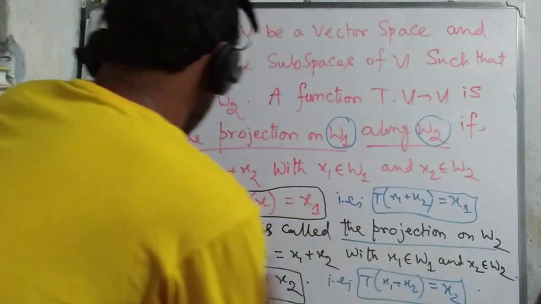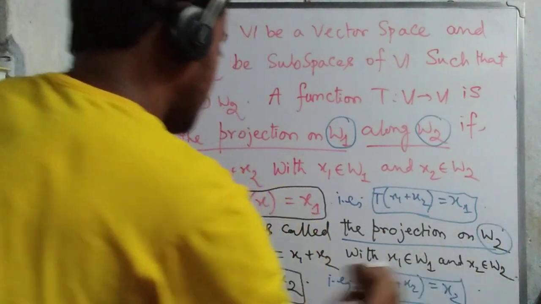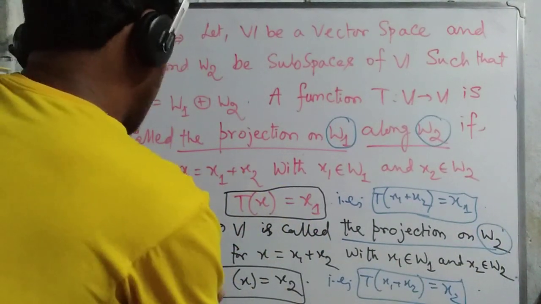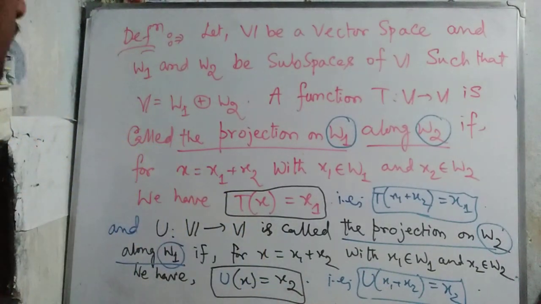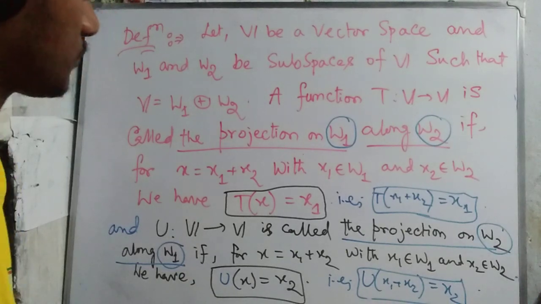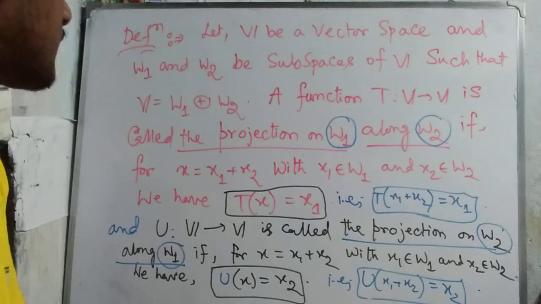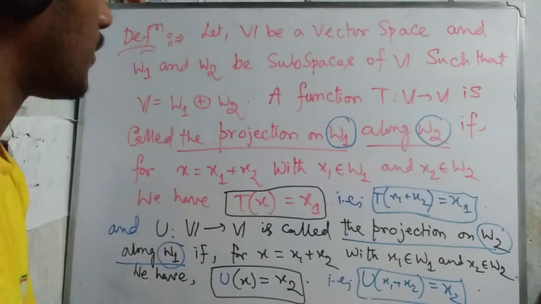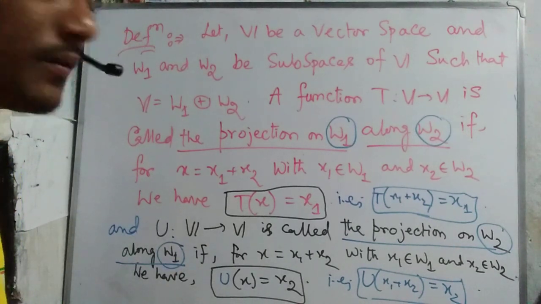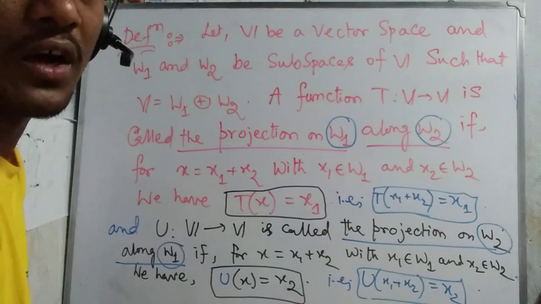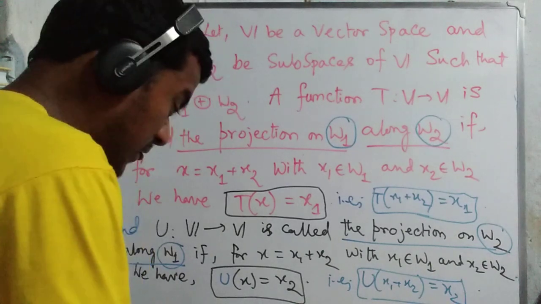Sorry, here not T, we did it wrong: Ux equal to x2, and U of x1 plus x2 equal to x2. Understood? So in this way we also discuss projection of any subspace along another subspace. We write it in this definition.